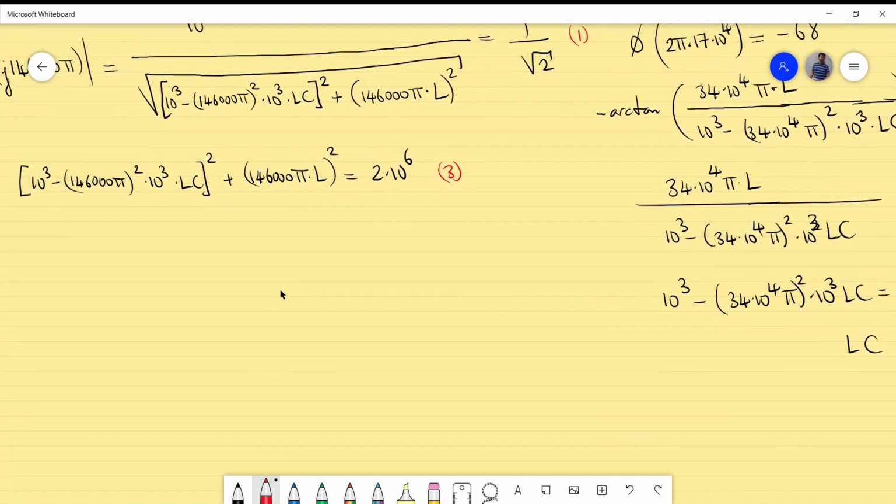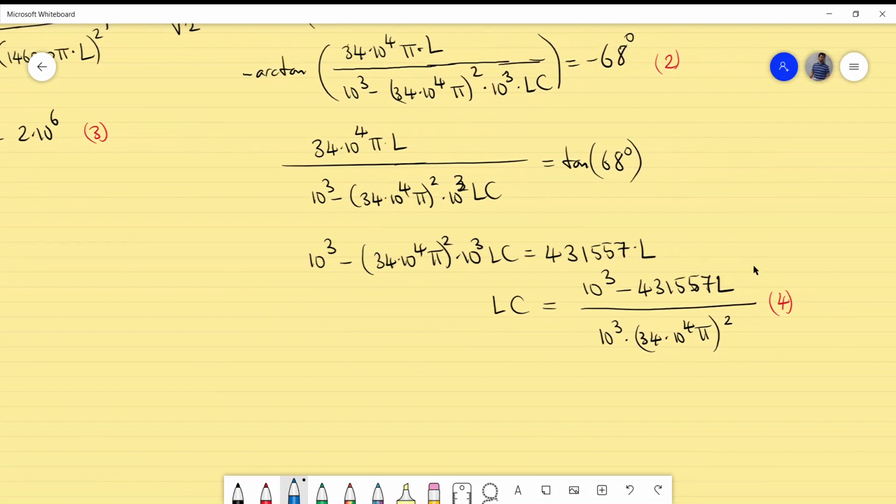Alright, so let's move on. As you can see, it is a little bit challenging calculation, but we will solve it. So substitute 4 in 3. What do we have? So what you have following, 10 to the power 3 minus the frequency which you see there, times 1000 times this term.